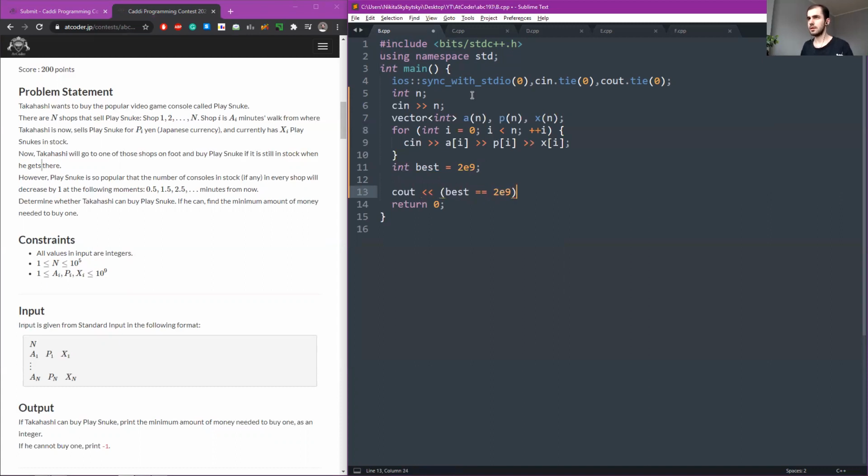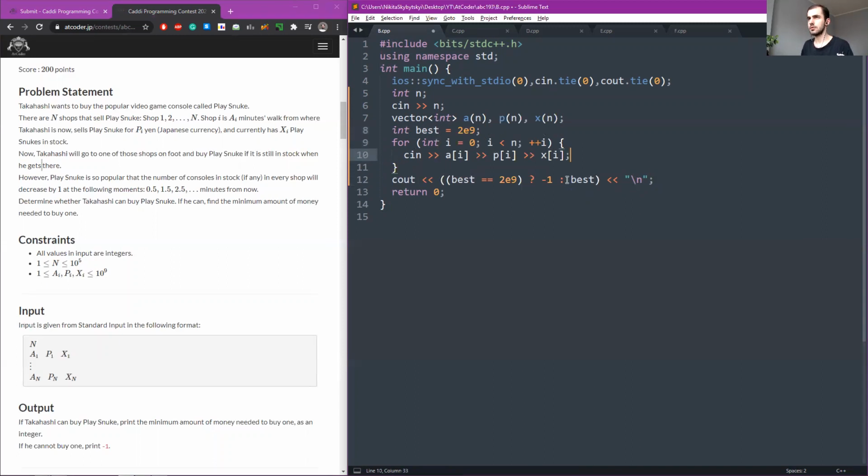If best is equal, this means that we haven't found any shop. Otherwise, we just print best. This is not correct syntax. Okay. So basically, we don't have to do all the things.